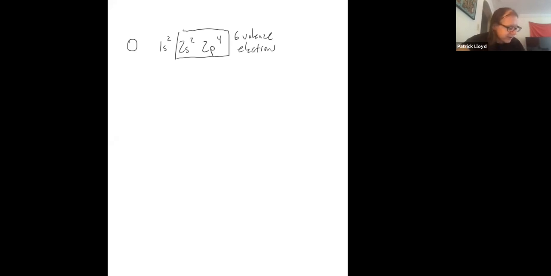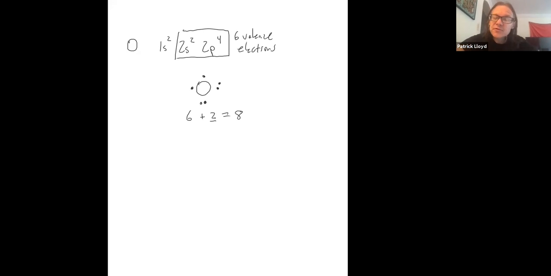So if you do the Lewis dot symbol for oxygen, 1, 2, 3, 4, 5, 6, I'm going to stop right there. See how it's 2 short of 8? If it had 2 more, it would have 8. So 6 is what it has. It needs another 2 to get up to this octet.